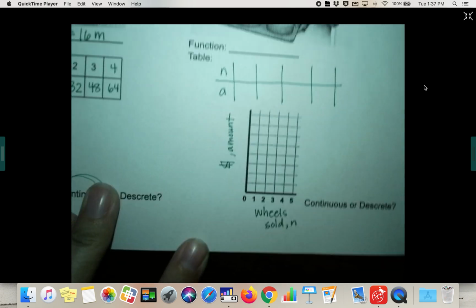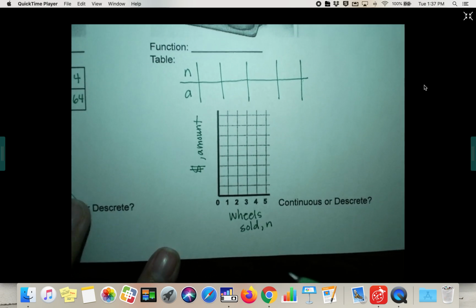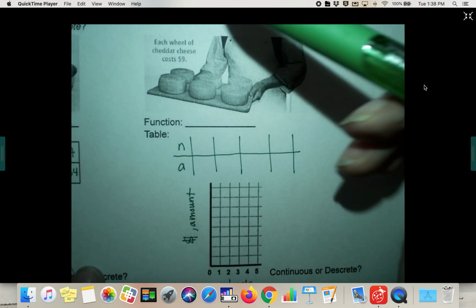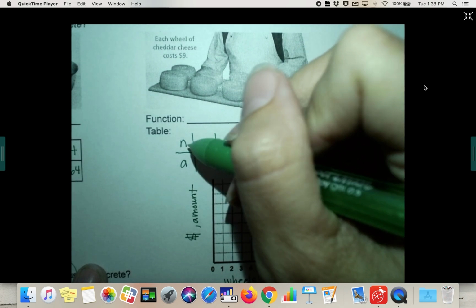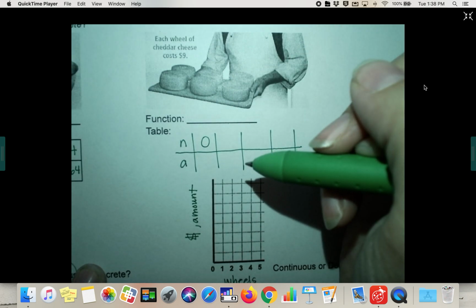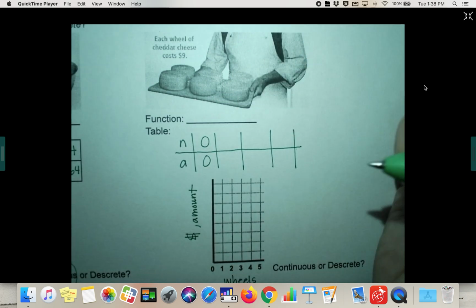Dollars for the amount. Okay, so if each wheel of cheddar cheese costs $9, then that means if the number was 0, I would be making $0.